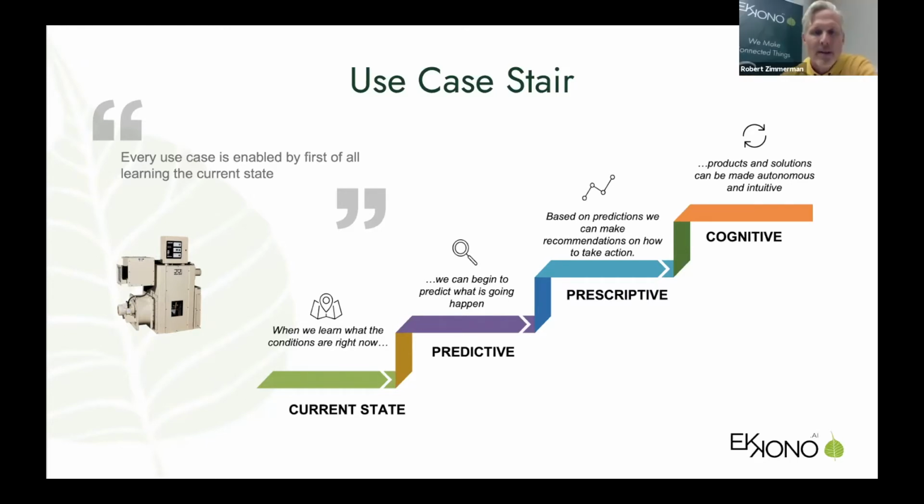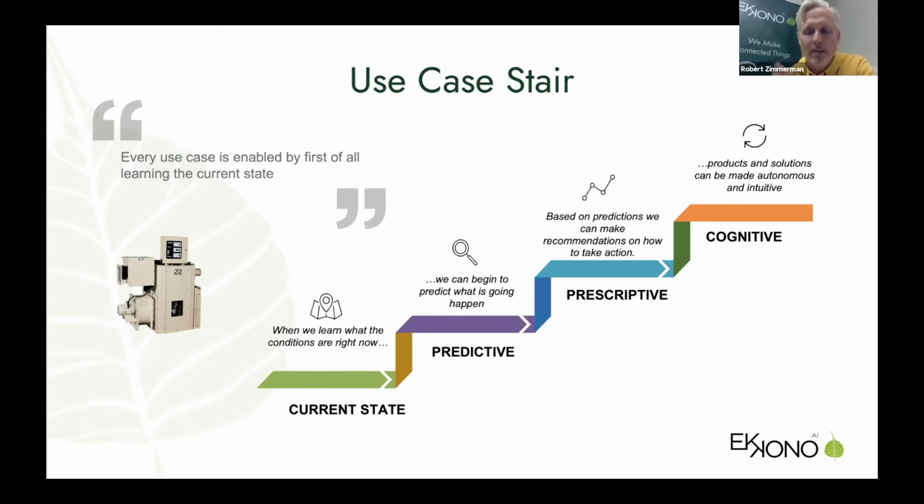One good place to start is to see the complexity of the different use cases. And to help out there, we have created a Use Case Stair. It describes 4 different levels of complexity, starting off with current state, and that's the normal state, that's where we are right now.